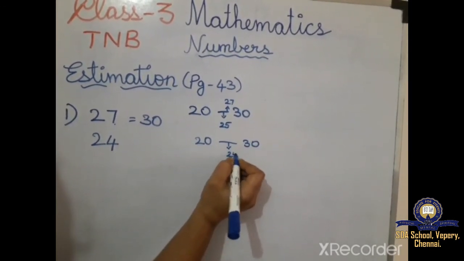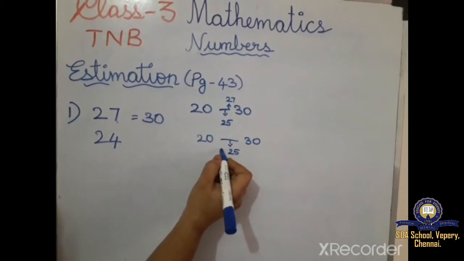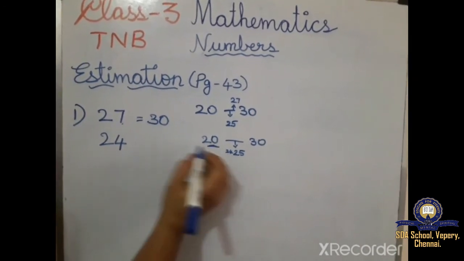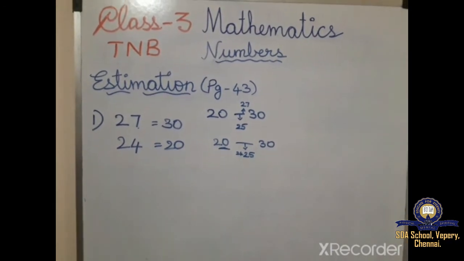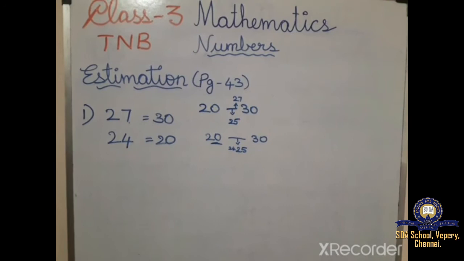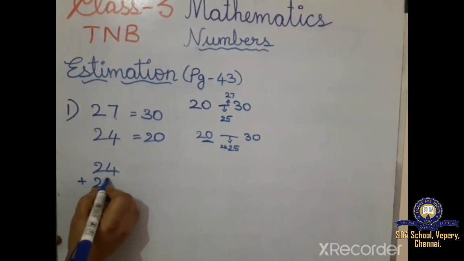Middle number is 25. So 24 is less than 25. So which number will come? 20, right?